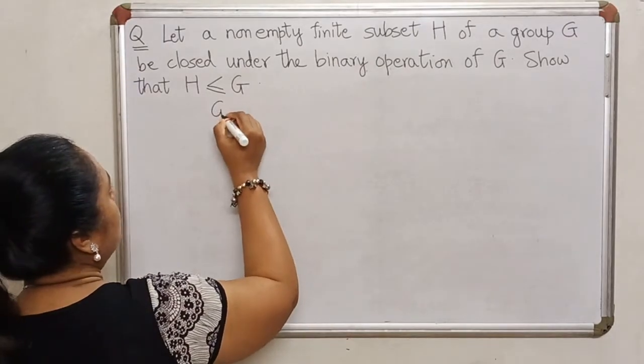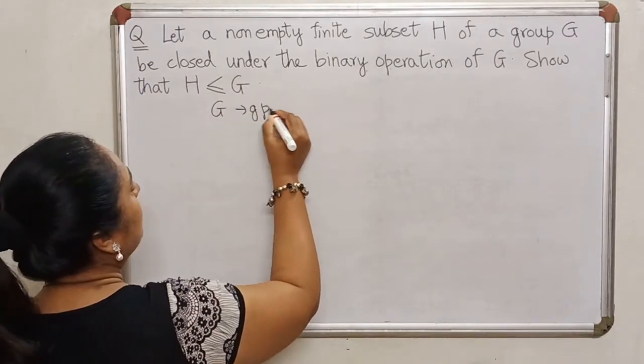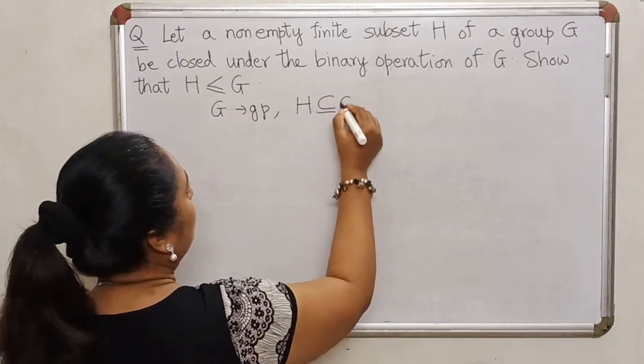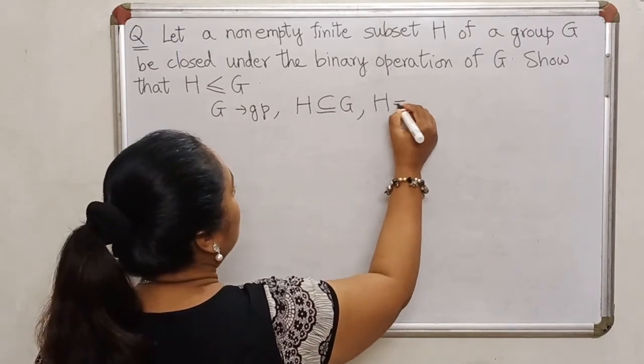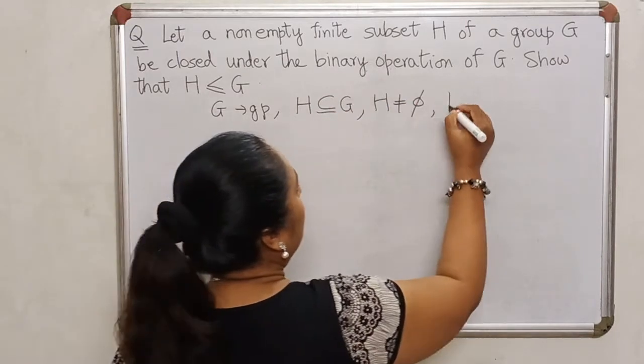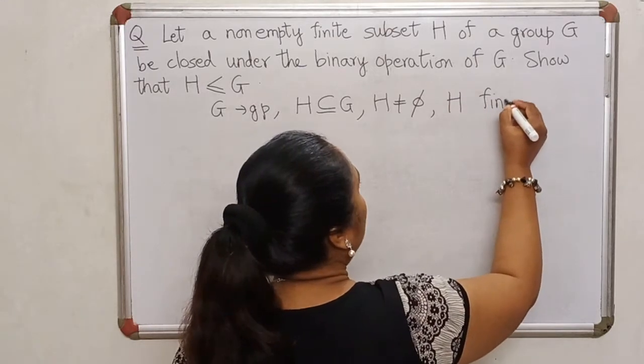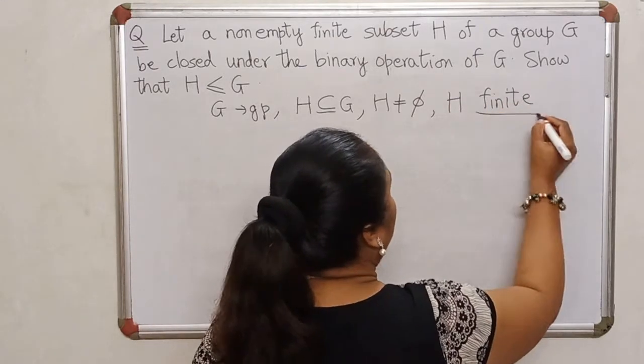We said suppose G is a group, H is a subset of G, H is non-empty, and most importantly, H is finite.